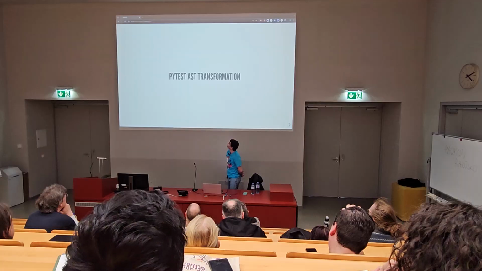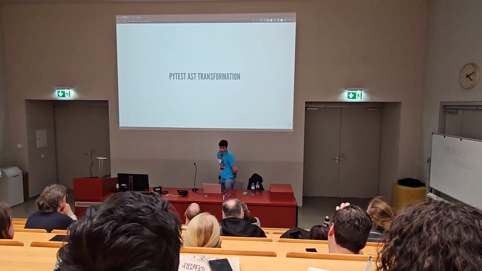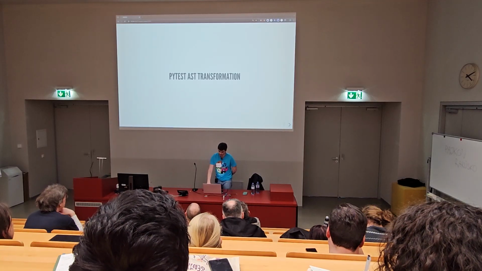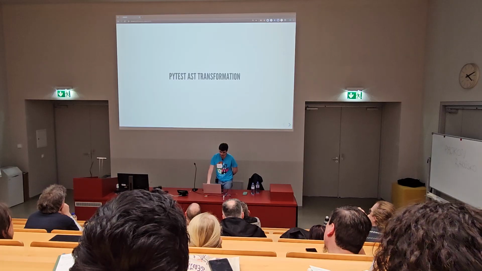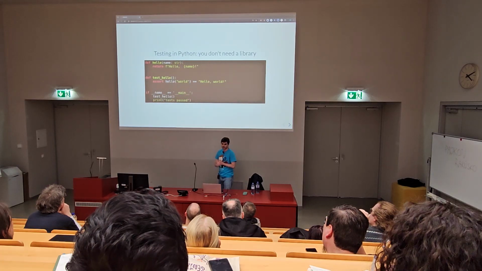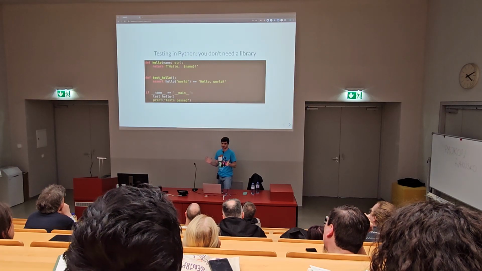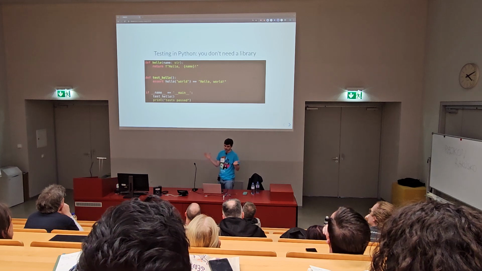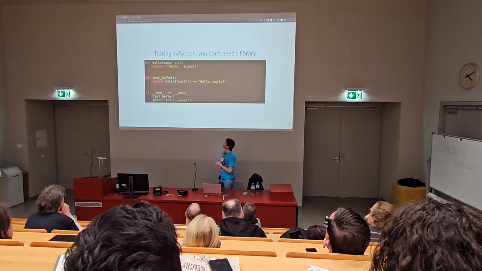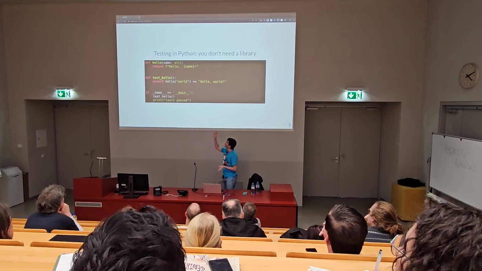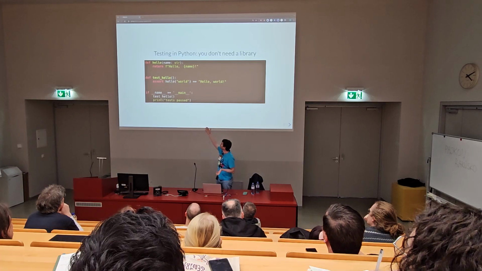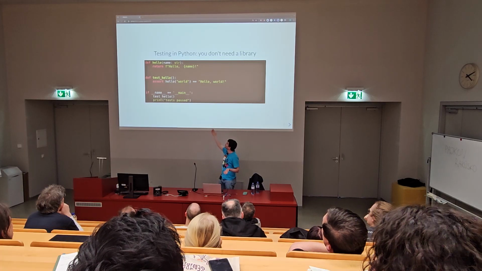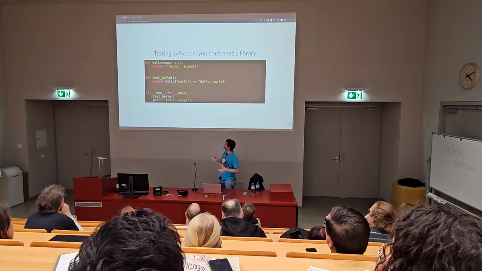Now let's look in more detail at a motivating use case for AST manipulation in PyTest. First, when we start testing with Python, we don't need a library. The language provides assert. So we can have our hello function and a test_hello, and just run test_hello and say test passed if it didn't crash.